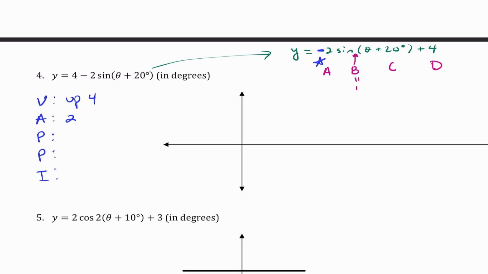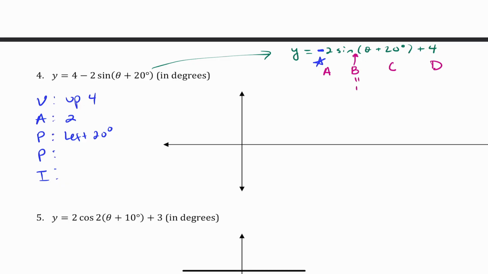P, the first P, stands for phase shift. Notice that we have a plus 20 degrees, so we're going left 20 degrees. Second P means period.